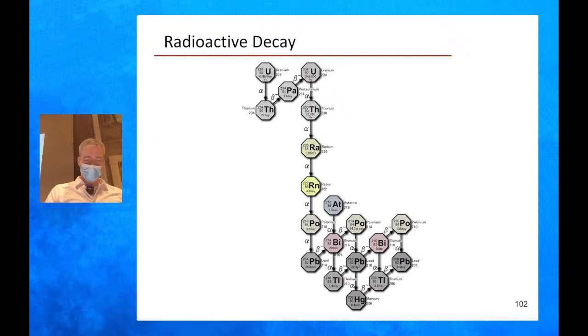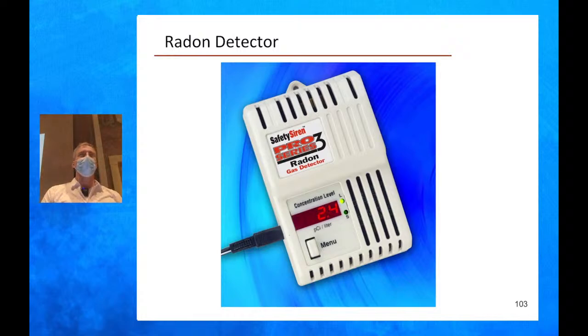So this is just showing the radioactive decay. It starts with uranium and slowly breaks down into radon. If you're in an old home, especially in the basement of an old home that doesn't have very good ventilation, since most modern builds have an air exchange system in the house and old houses may not, you can get yourself a handy radon detector.